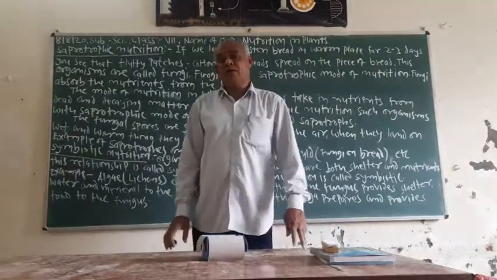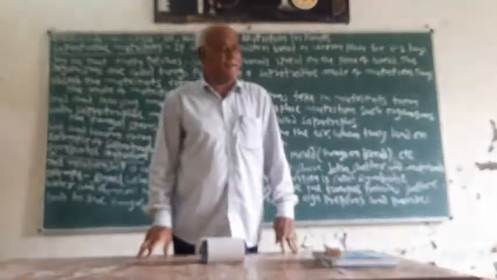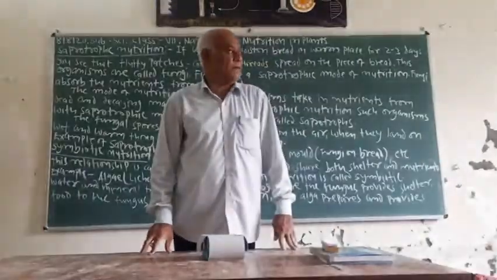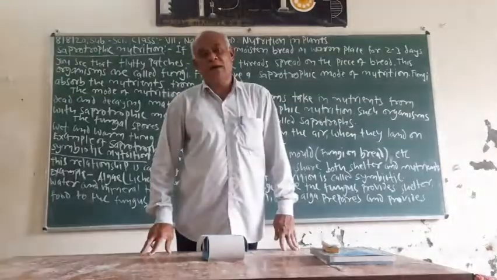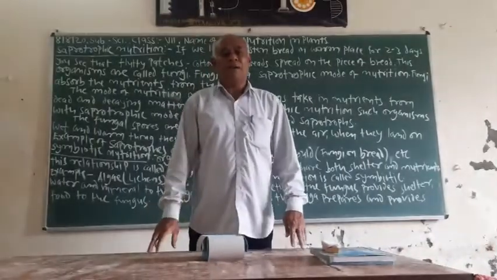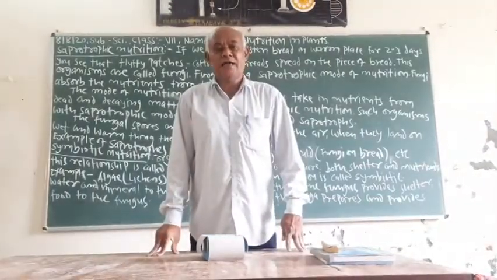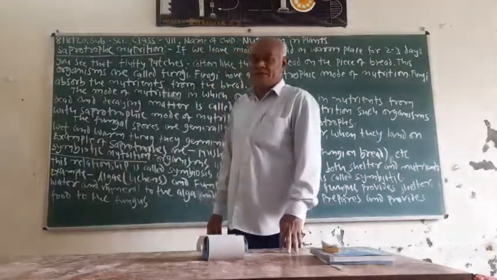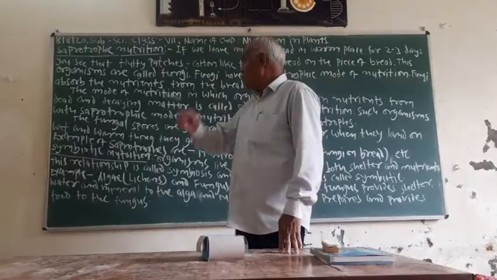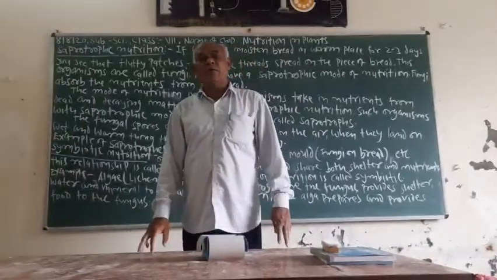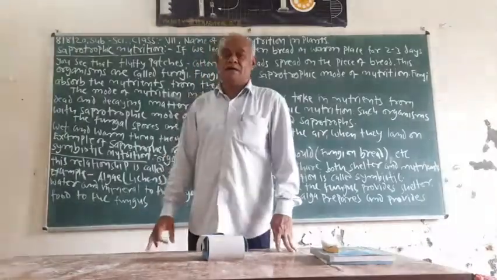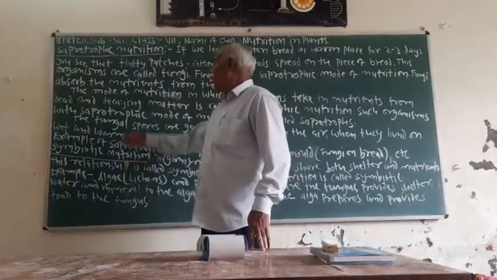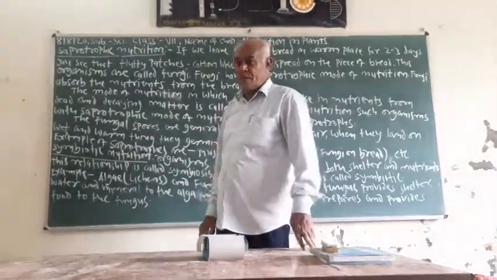Another heterotrophic plant is the insectivorous plant, or pitcher plant. Insectivorous plants, or pitcher plants, are the plants which eat insects. Now, the third type of heterotrophic nutrition in plants is saprotrophic nutrition.